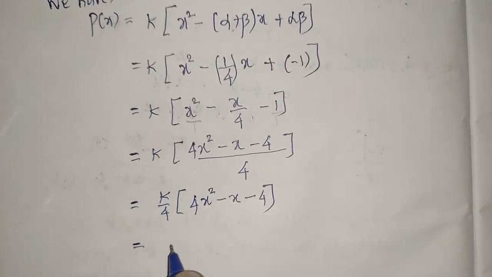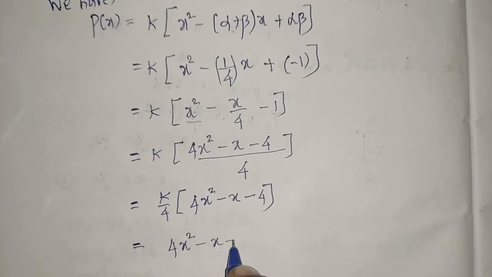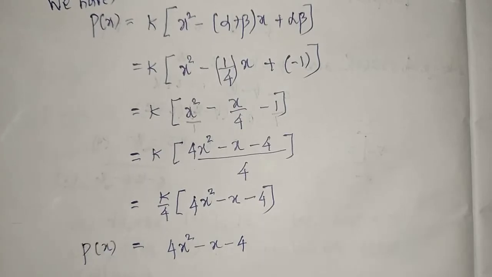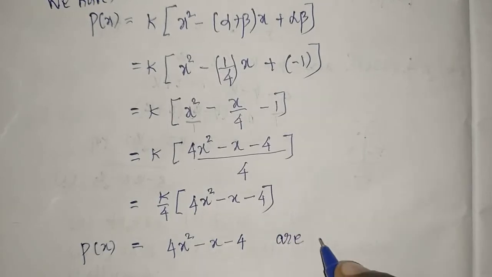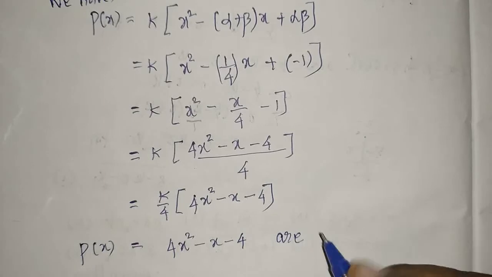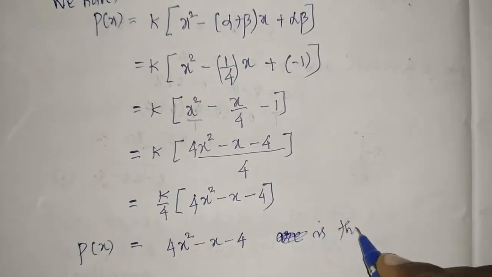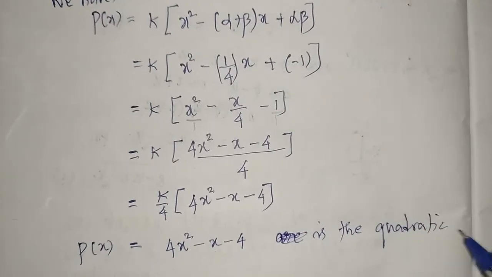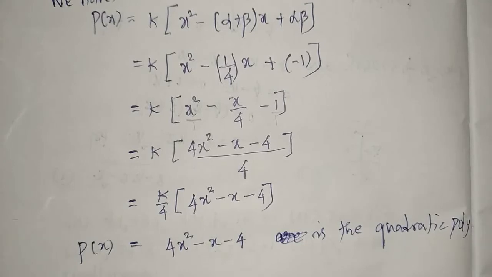So the constant you can leave: 4x square minus x minus 4, that is our required p of x. If you need it, just put the bracket, put k here also, no problem, but this is enough. This is the quadratic polynomial. Okay, so this is the first one.